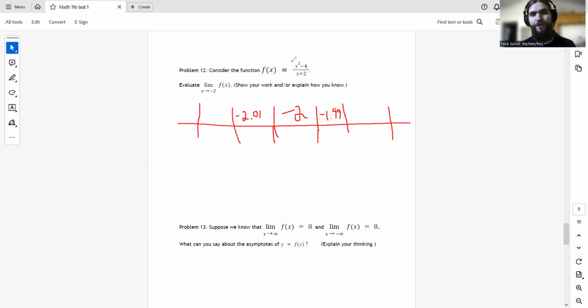Make sure you're careful with putting your negative numbers getting squared in parentheses so that the value isn't off. If you calculate this correctly, you'll see that at negative 2 the function doesn't exist, but it's getting closer and closer to negative 4 on both sides. You can always use a table to find limits if you have a function with a formula like this.